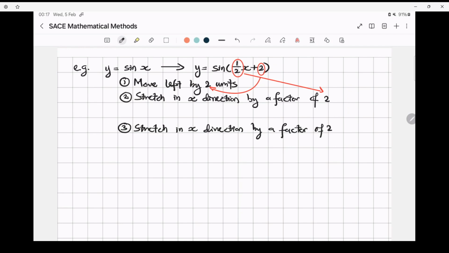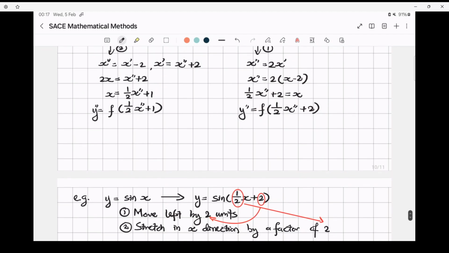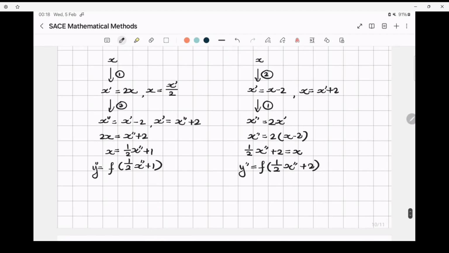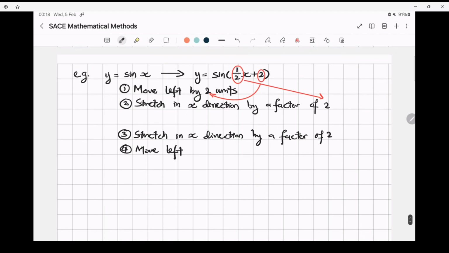So in this case, your stretch factor is still the same, but when you move to the left, you need to be slightly careful, because as you can see here, it is 1. So you actually need to move left in a sense more.